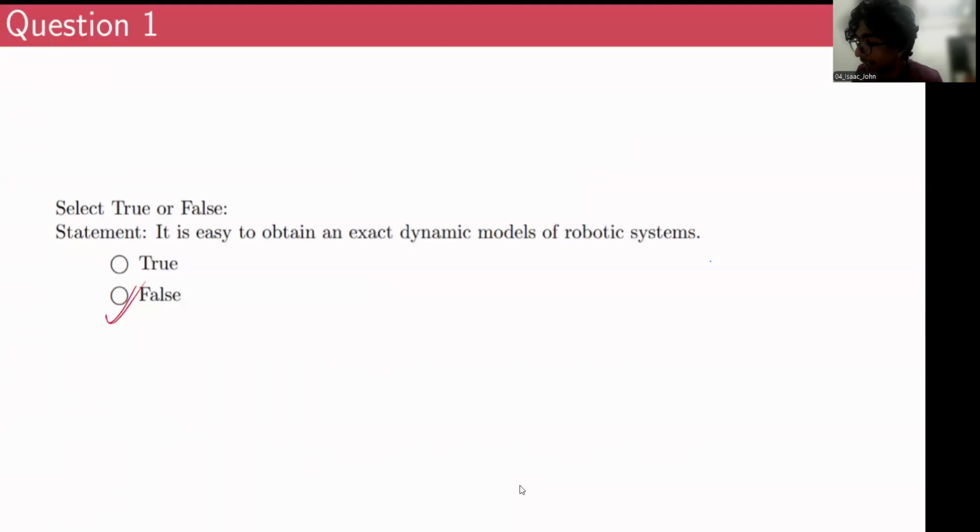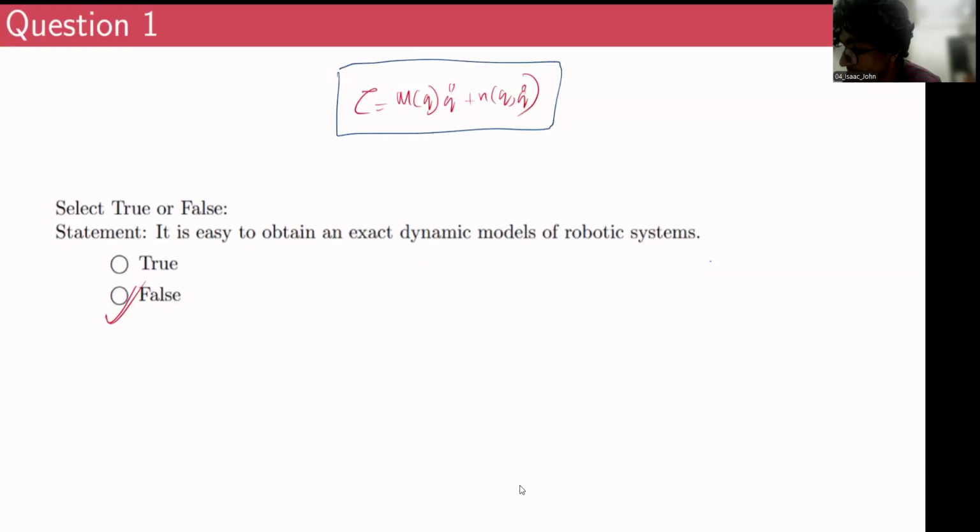Our inability to obtain an exact dynamic model is why it is worth investing in a motion controller, because there are plenty of unmodeled physical phenomena. Something as simple as tau equals m of q double dot plus n of q dot is a very idealized model, what we have seen through this course.